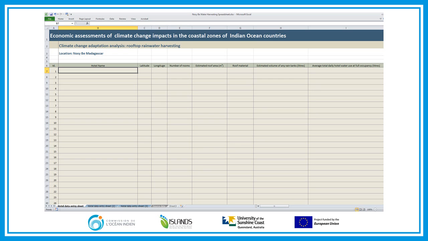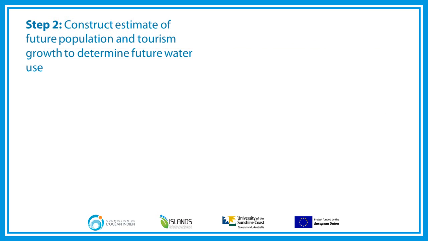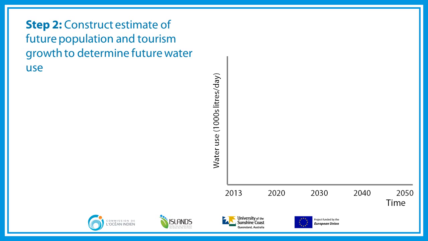After collecting and interpreting the data about hotel water usage and costs under current conditions, it will also be important to determine how water demand will increase over time and whether the existing water supply sources will be able to provide sufficient volumes of water.